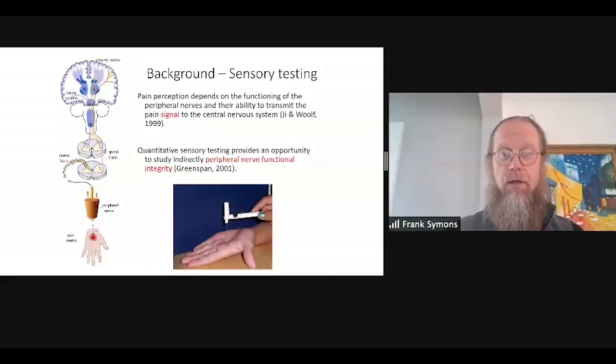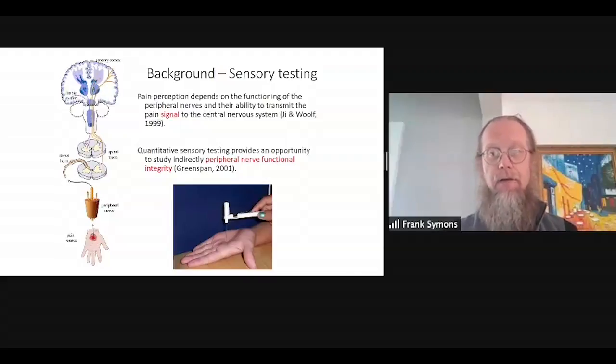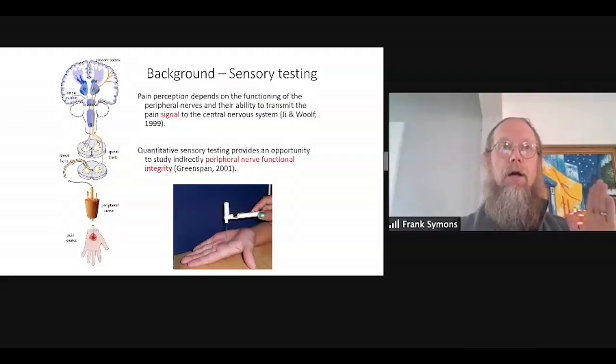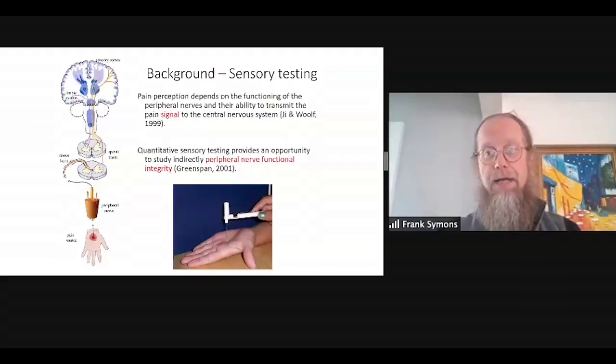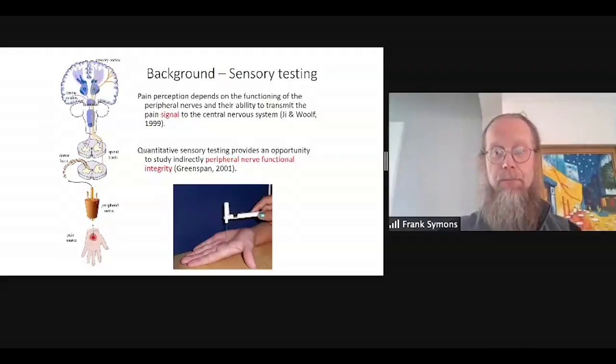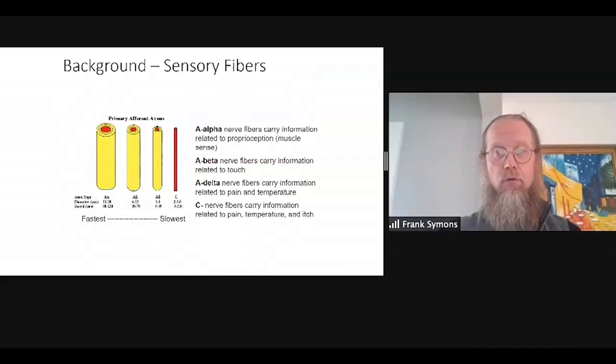Imaging is one way. Some of the other work we do in biopsy is another way. Non-invasively, you can use this technique called quantitative sensory testing that involves a number of calibrated stimuli that map onto different sensory modalities that can be applied in a controlled way. And what this is doing is mapping on to the peripheral neurology and the innervation.